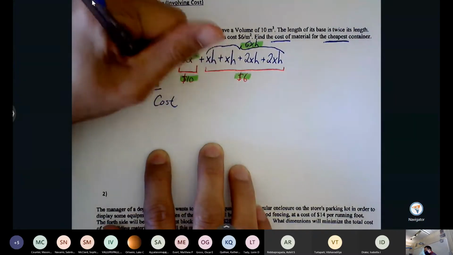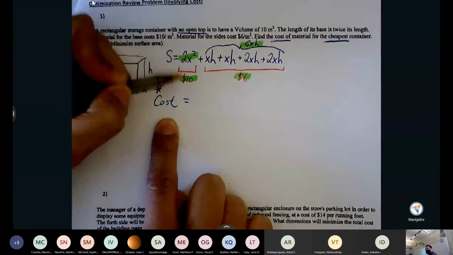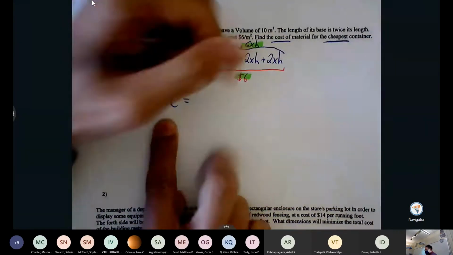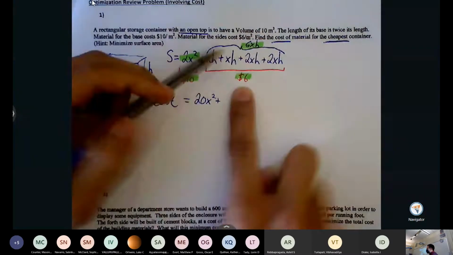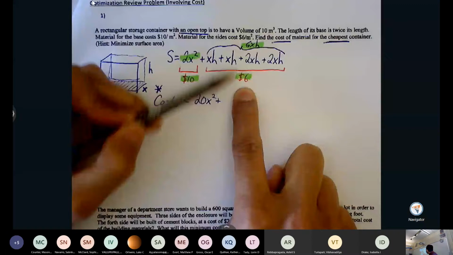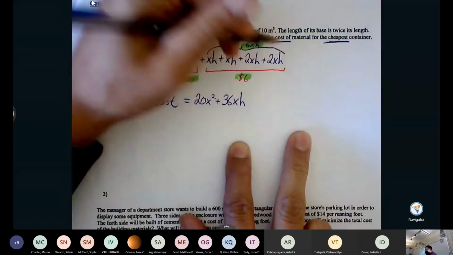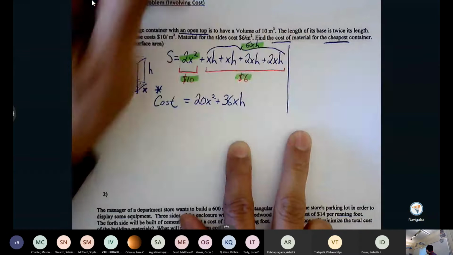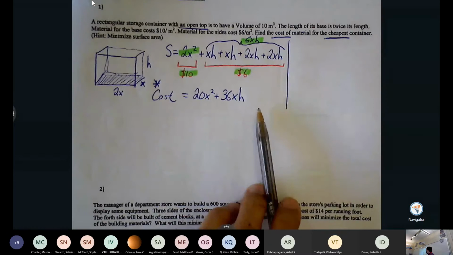Put a star next to it because now this is what we're going to be finding the derivative of. Okay. Multiply the appropriate parts, 20x squared. 6 times 6 is 36. All right. Any questions here? Okay, so that's the hard part.